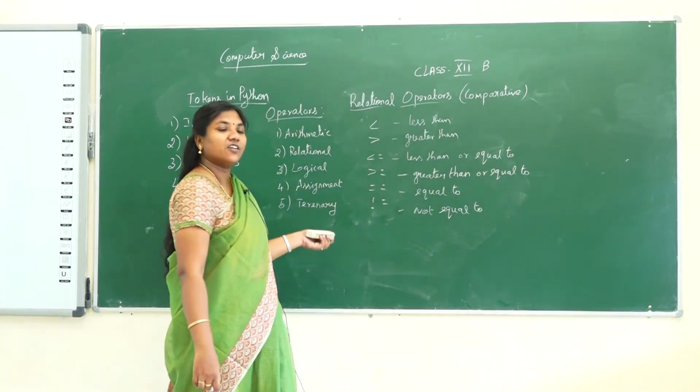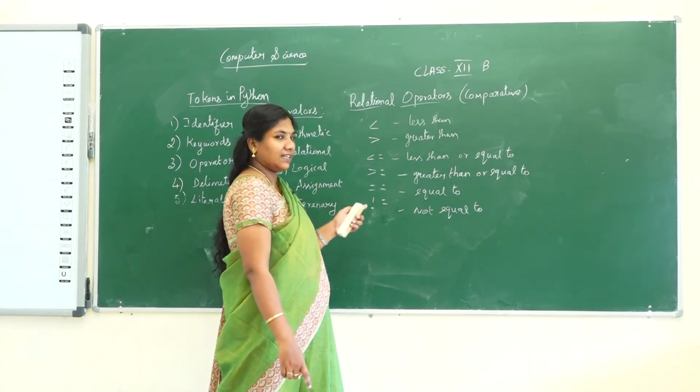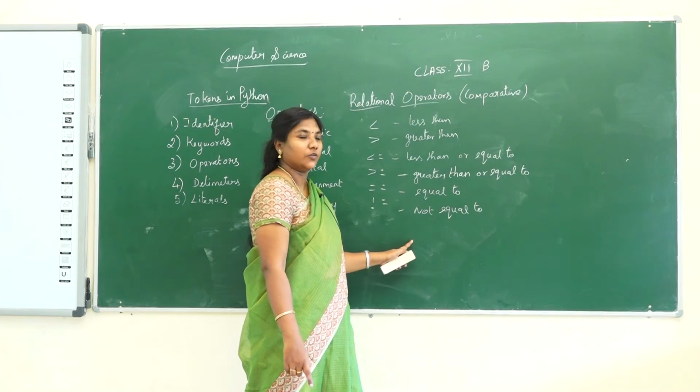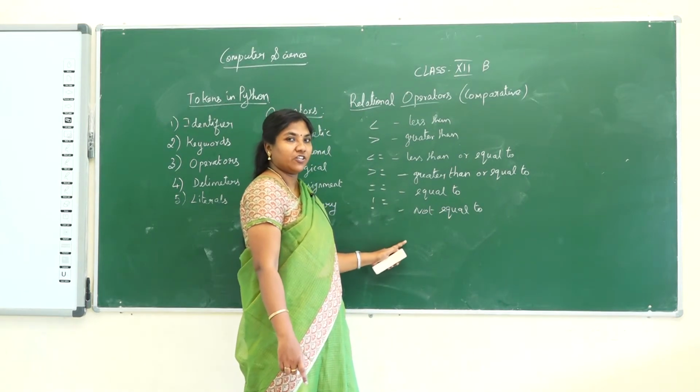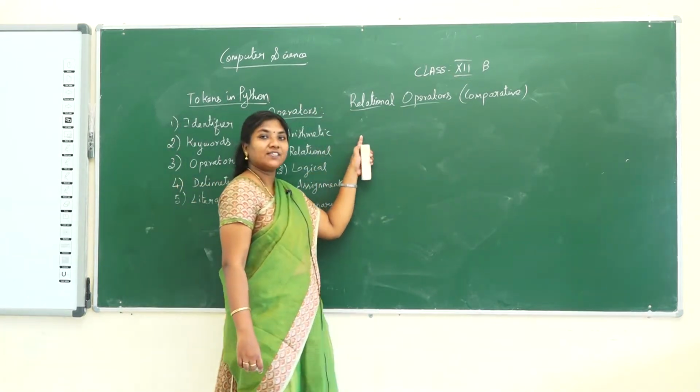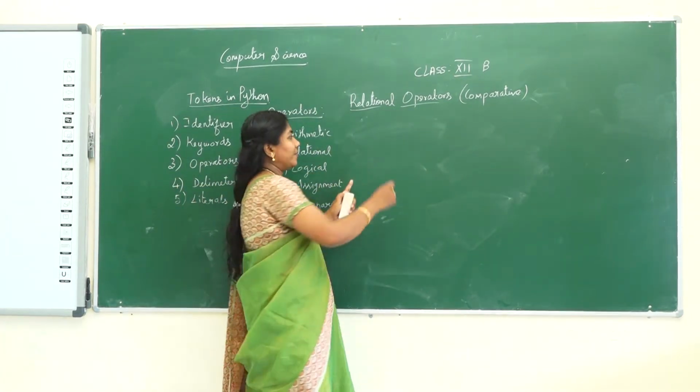Okay, so relational operators: less than, greater than, less than or equal to, greater than or equal to and not equal to. So these are all the comparative and relational operators. We will see in the program how we are going to handle it. So now we are going to see the program for relational operators.